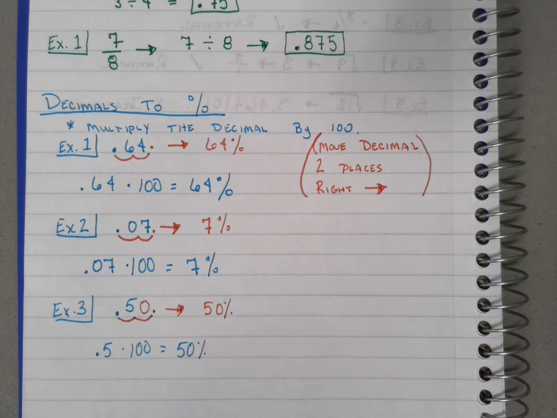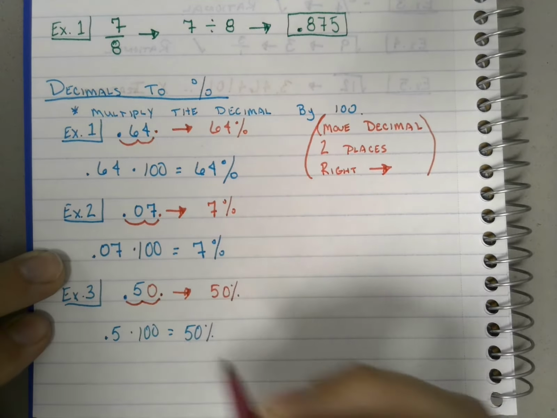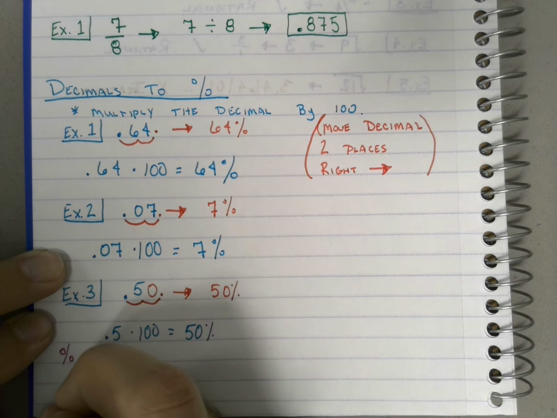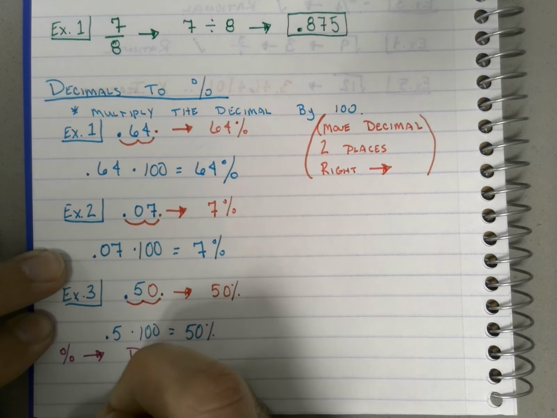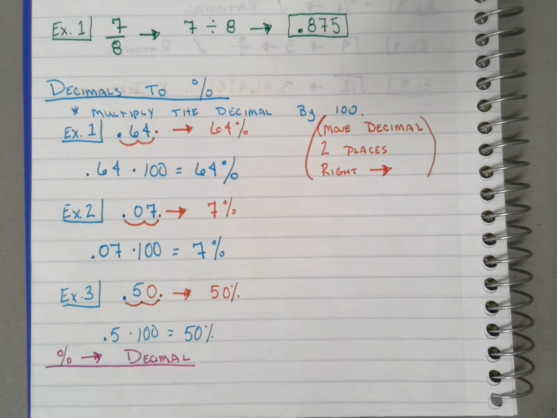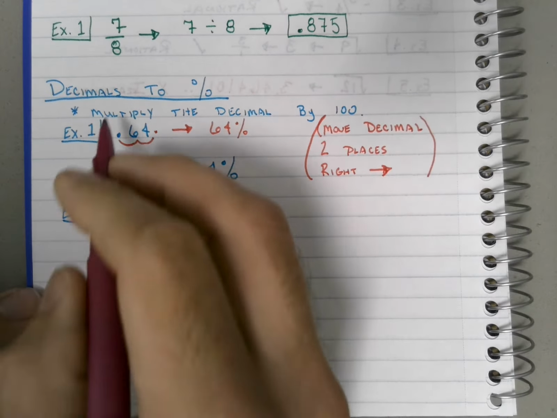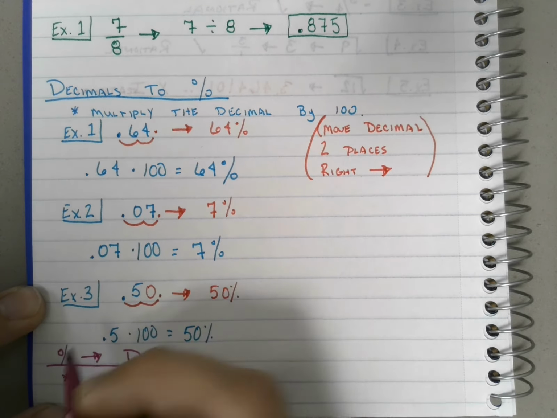Now, our last one, we're going to look at percents back to decimals. So we're going to go percents to decimal. All right, now it's basically the same here, only it's the opposite. So instead of multiplying, what's the opposite of multiply?